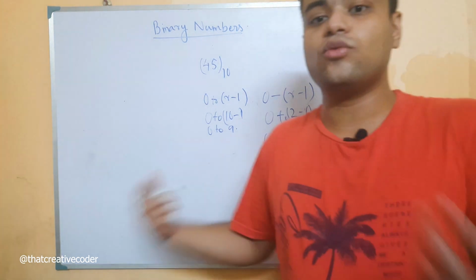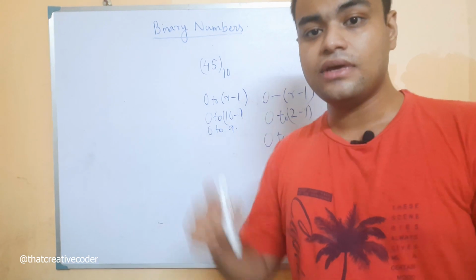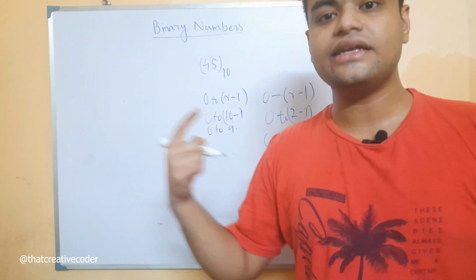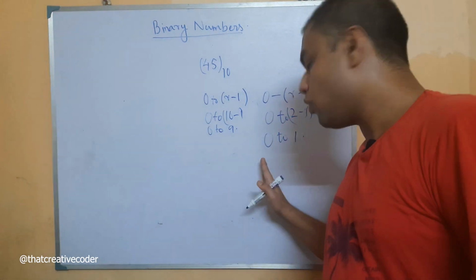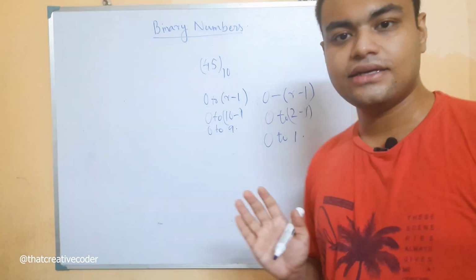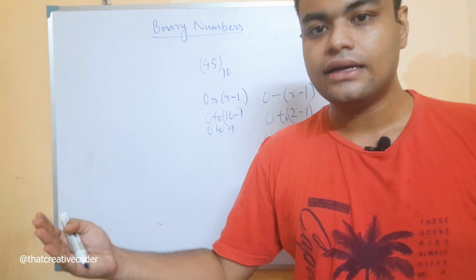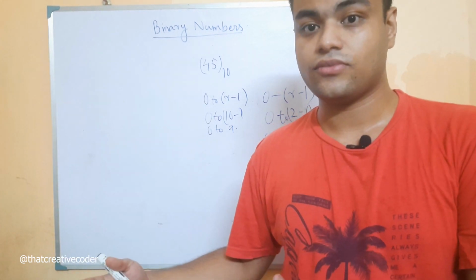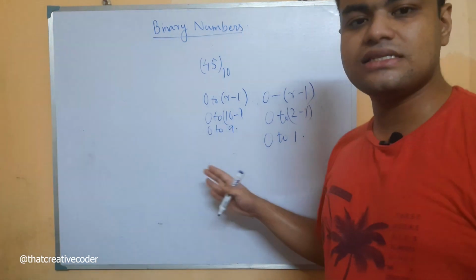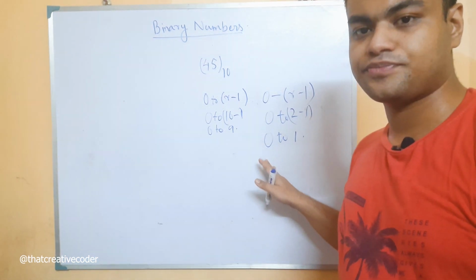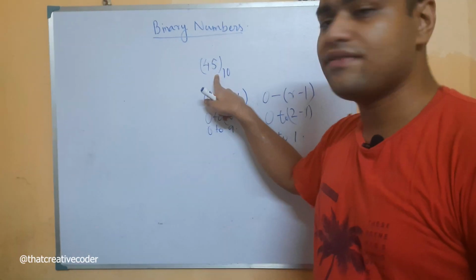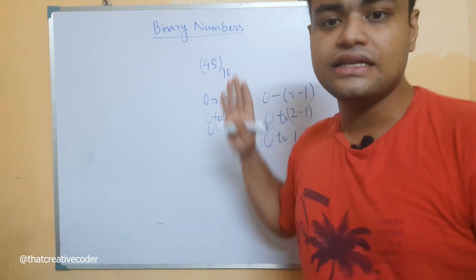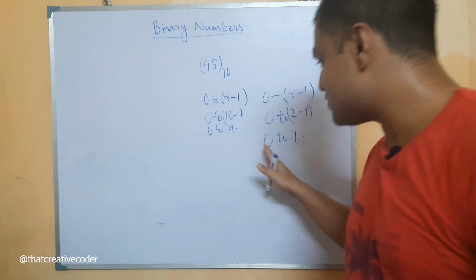In the binary number system, there are only 2 digits which we use, 0 and 1, right? Any number beyond 1 cannot be in the binary number system. So 45 is definitely not a binary number because we have 4 and 5, which are not in the range of 0 and 1.